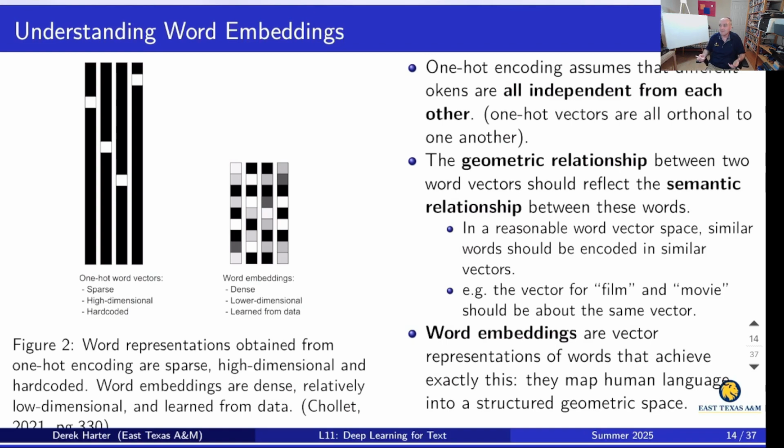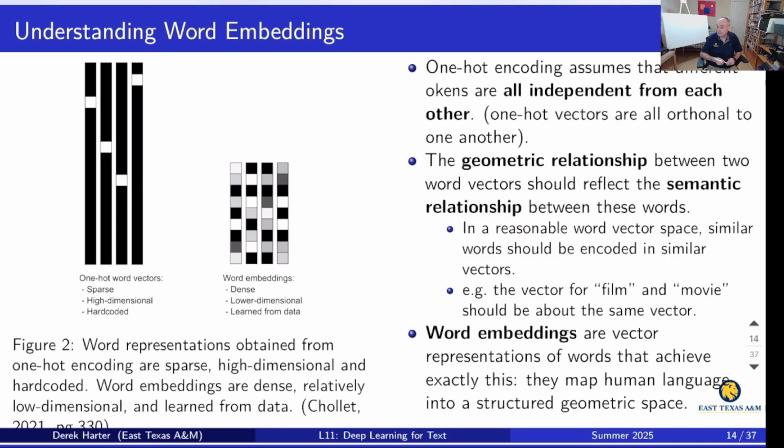Basically, the geometric relationship between two word vectors should reflect the semantic relationship. We'd like to capture that similarity or even synonymy. Film and movie are synonyms in lots of contexts. So in many ways, the one-hot encoding is not a reasonable vector space for the way words work in English and in most languages. Similar words should be encoded as similar vectors in the embedding space. And that's what word embeddings are.